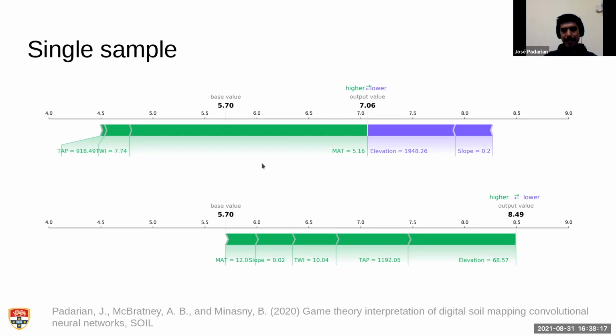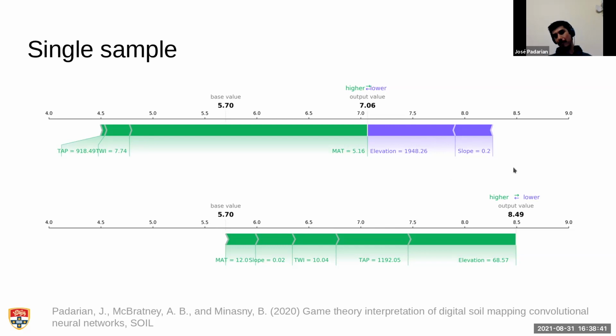We can see here that all the observations have an expected value, in this case of around 5.7% of soil organic carbon. But in the case of the observation that I showed you on the right, in the mountains where the elevation is relatively high, there's a negative contribution of the topography.